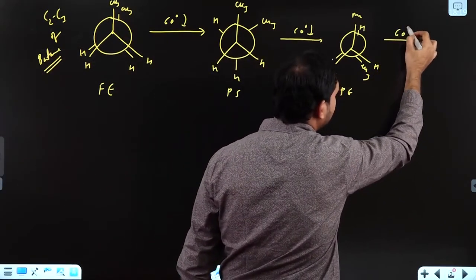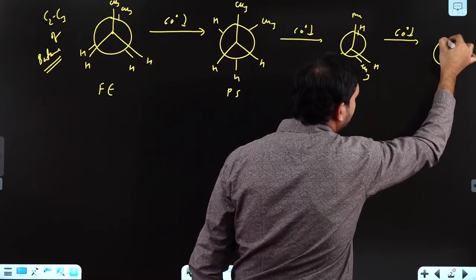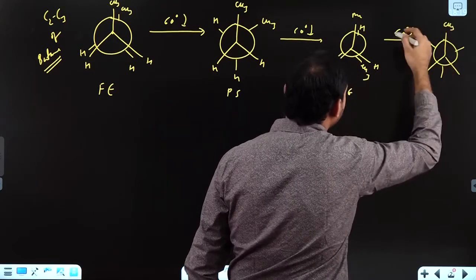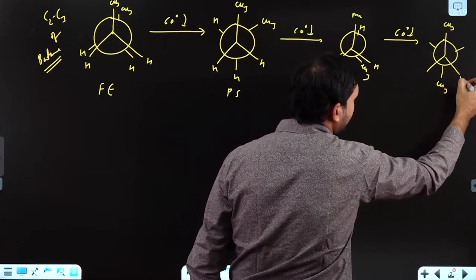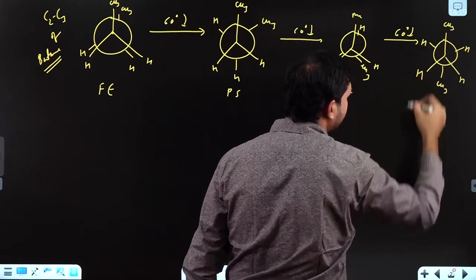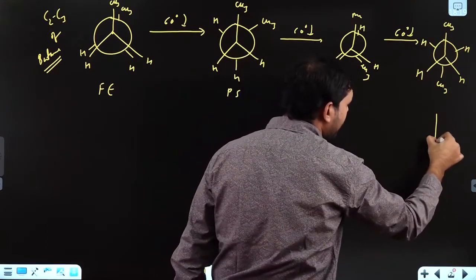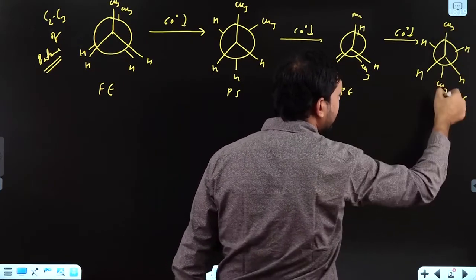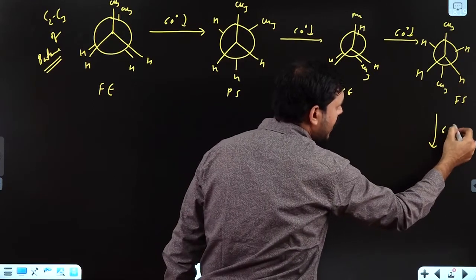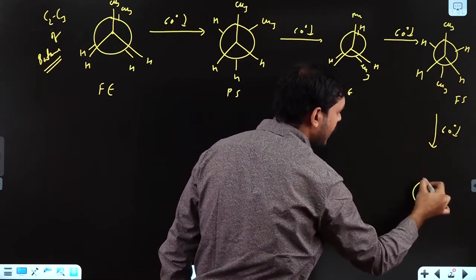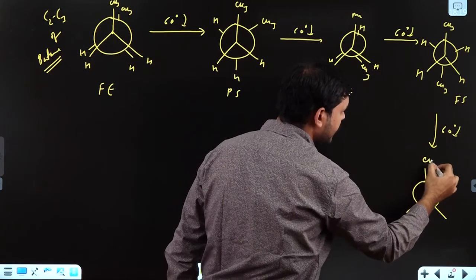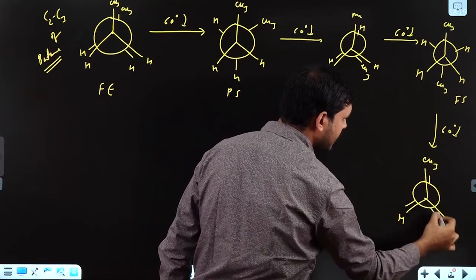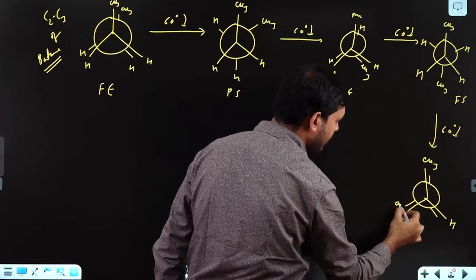Now again rotating it 60 degrees clockwise, what will you get? CH3, H. Now what is this? This is your fully staggered. Why? These two CH3 are anti to each other. Now again rotate it by 60 degrees clockwise. What will you get? CH3, H, H. This will come this side and this side. This CH3 will be here.